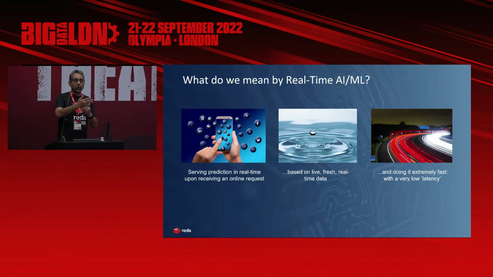Now, I've been talking about real-time AI and ML. What do I mean by real time here? Real time means that a user is interacting with your application or your website, and you are using raw and fresh data to run your models and serve them with predictions.